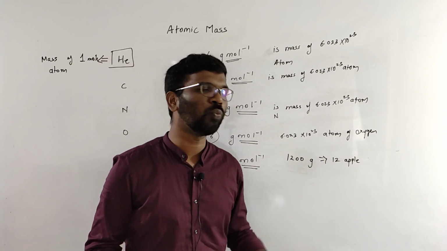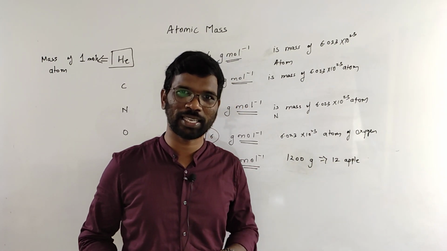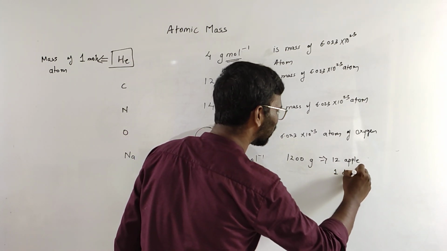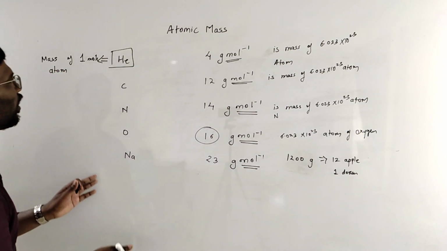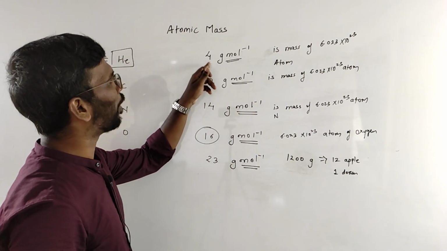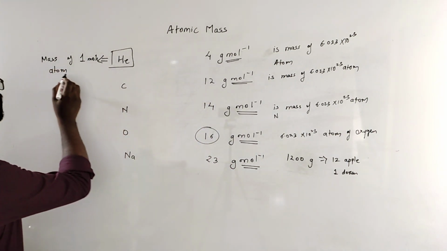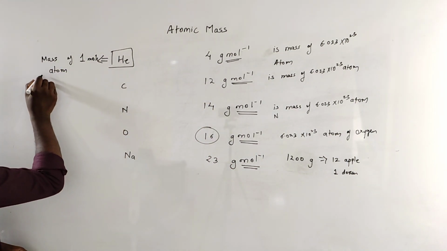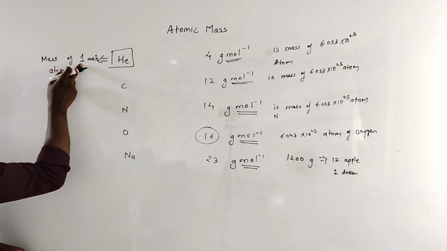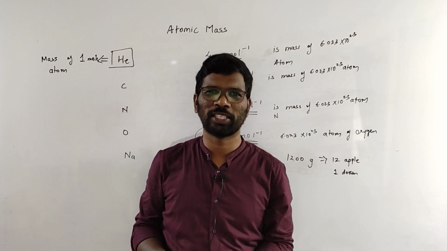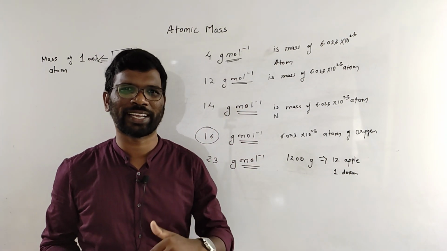This is what I can say. I can also say that it is the weight of 1 dozen. Isn't it? In the same way, 4 gram is the weight of 6.023 into 10 raised to 23 atoms, so I can say it is the weight of 1 mole of atoms. See, mass and weight, here I will be using these words interchangeably, don't get confused.